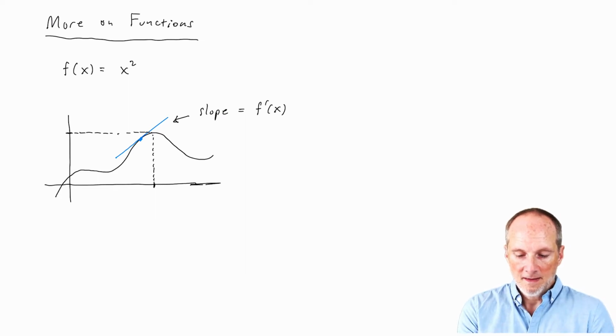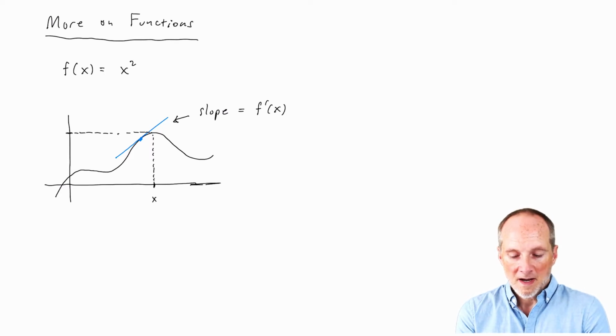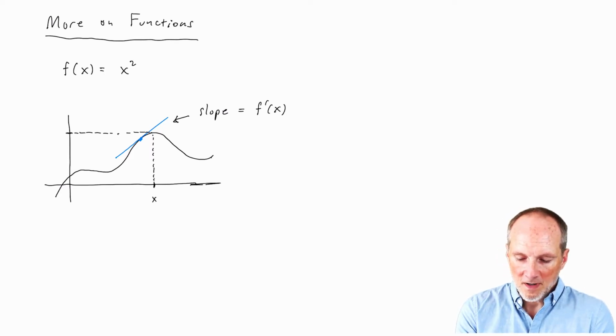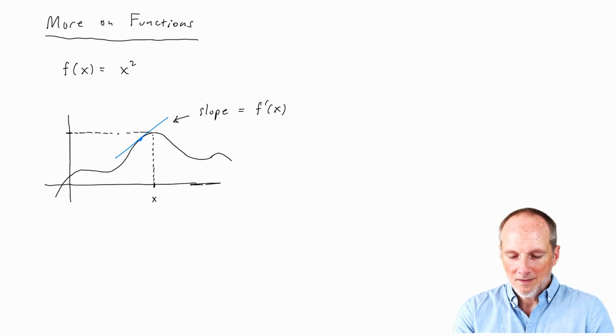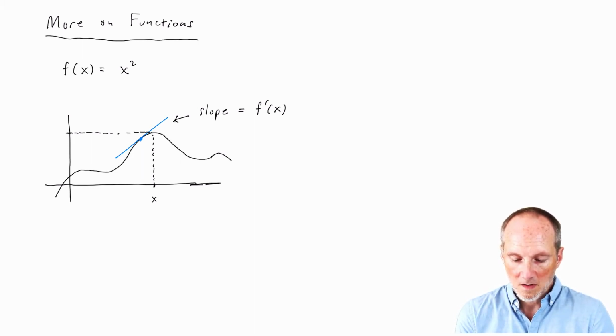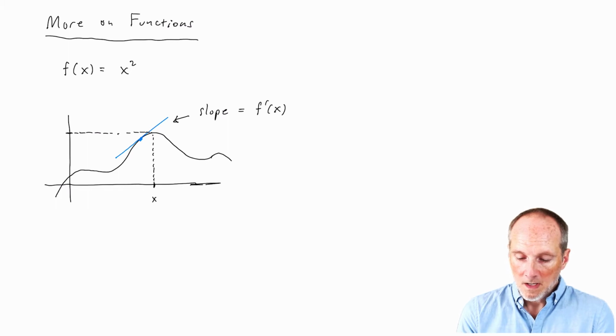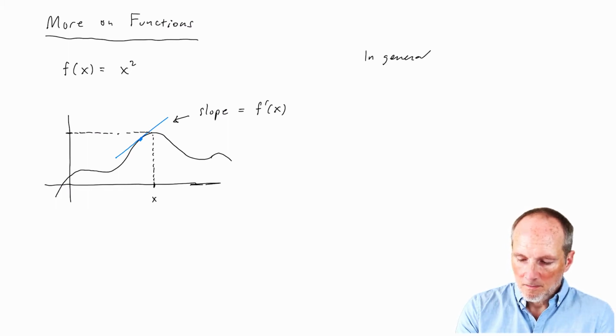So at this particular x, the function achieves its maximum. Well, I didn't draw the rest of the function. But let's just say that's the maximizer of this function. So this is the picture for a general function.